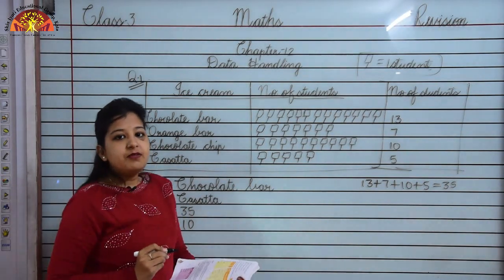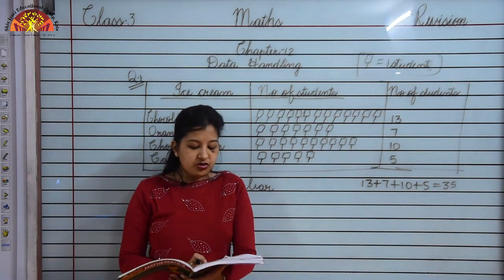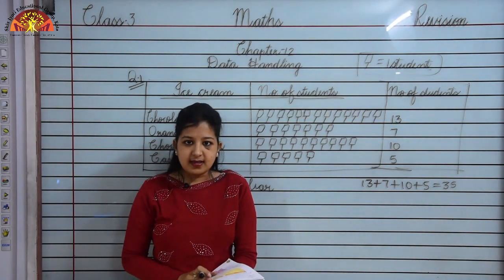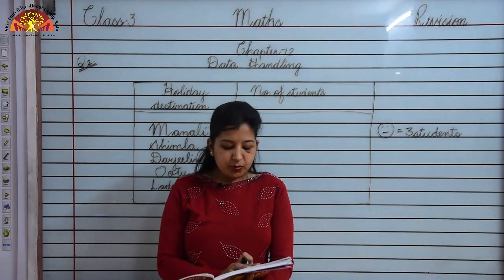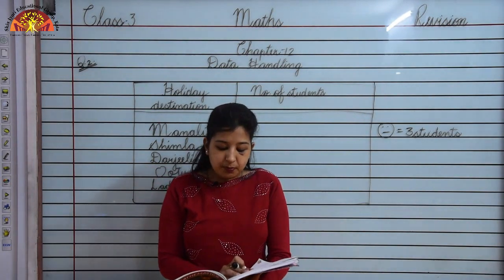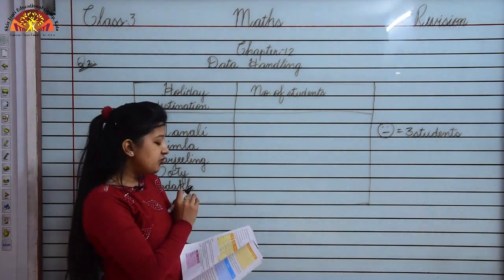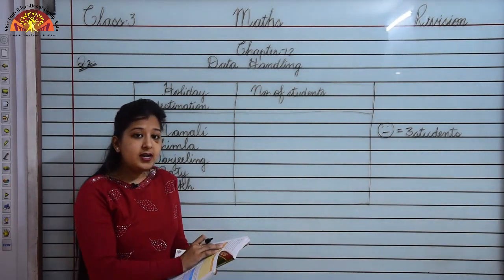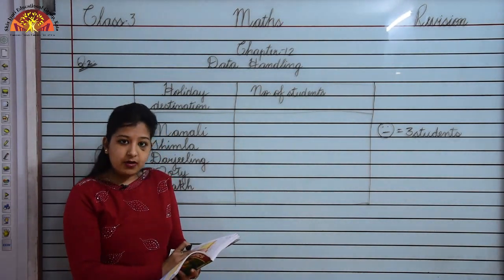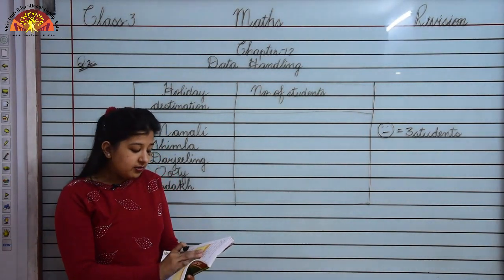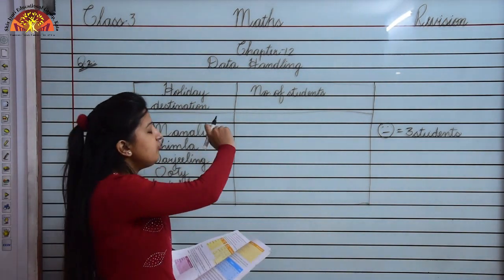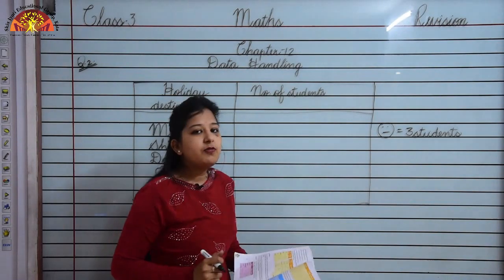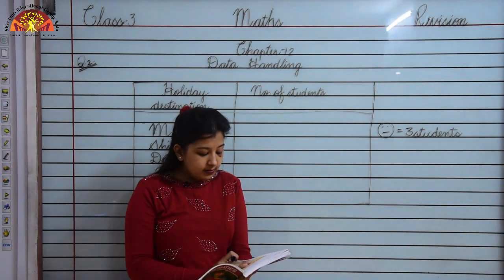Now students, we are going to do question number 2 of this exercise. So students, in question number 2, we have to make the pictograph to represent the given information about the favorite holiday destination of students of a class. So students, we have two columns. First is holiday destination and next one is number of students.